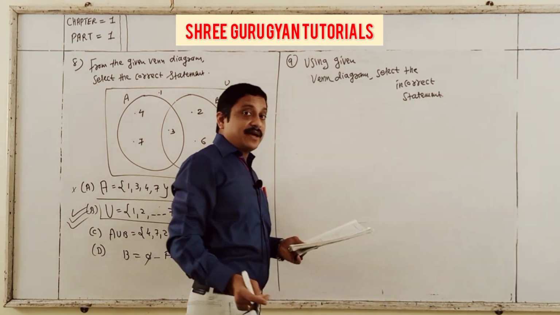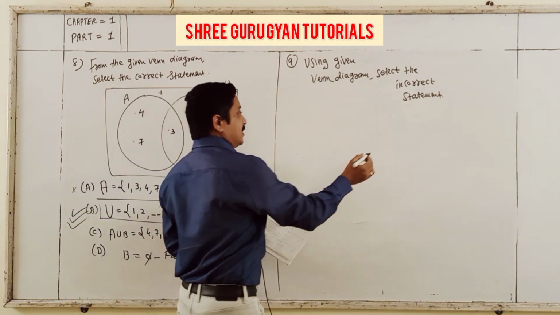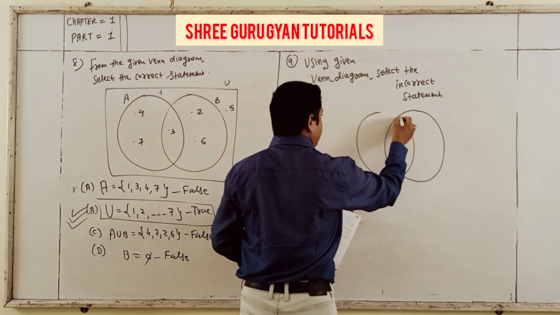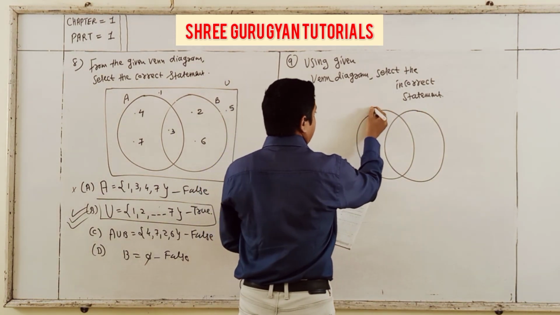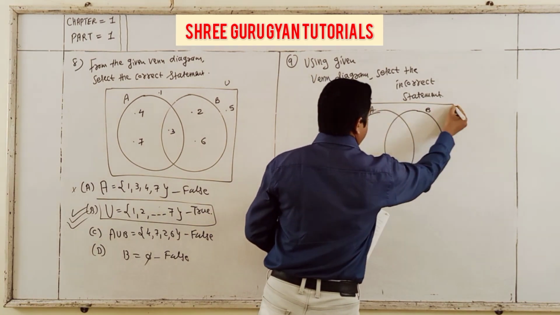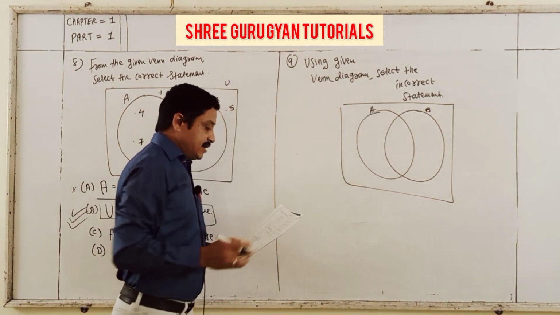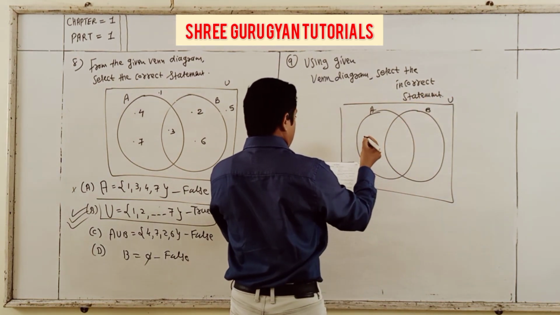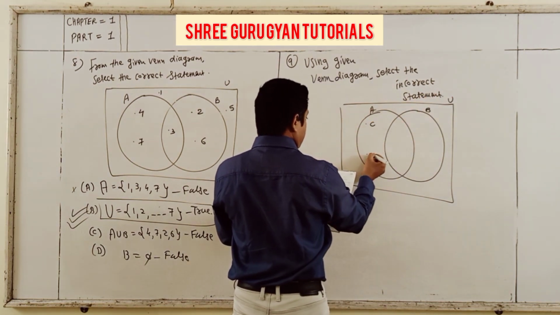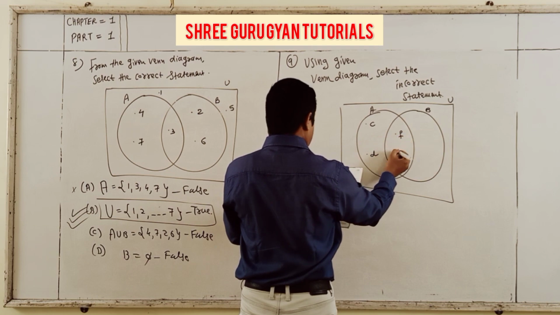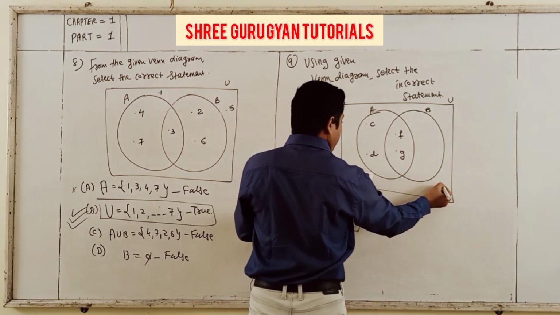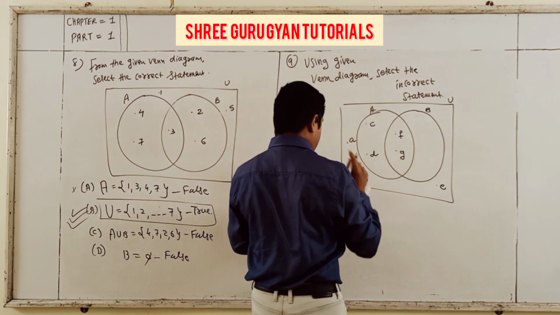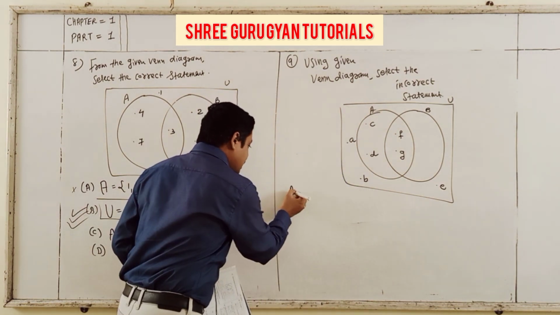Earlier I asked for the correct statement, but now I am asking for the incorrect one. It means you define the false statement. Here only the drawing is given: first the set of A, set of B, and elements printed in universal set U. Here C, D, F, G, E, B, A.